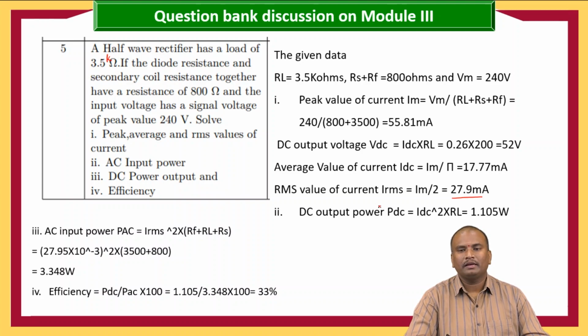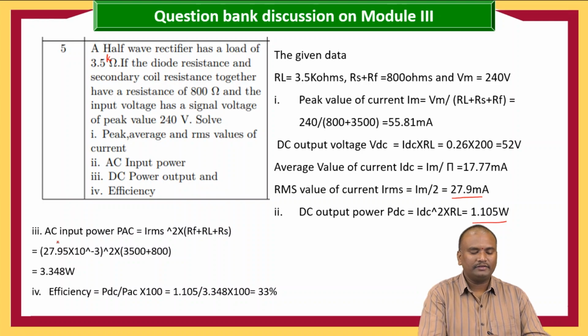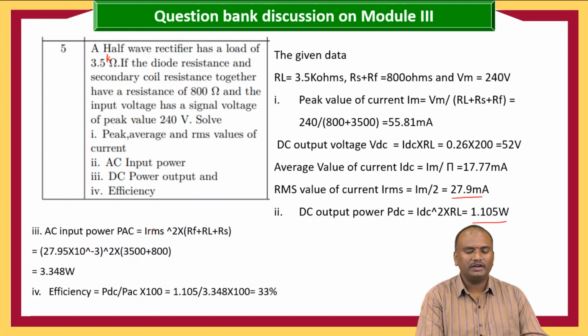Here the DC output power PDC is equal to IDC squared into RL, which is 1.105 watts. And the next one is the AC input power, which we need to calculate, that is equal to IRMS squared into (Rf plus RL plus Rs), which is (27.95 into 10 to the power of minus 3) whole squared into (3500 plus 800), which is 3.348 watts.